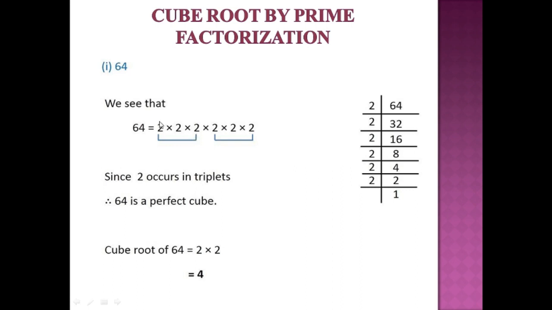You will take one 2 out of each group. Here I have taken 1 from this group and 1 from this group. When you multiply these two numbers, you will get your answer 4. That means the cube root of 64 is equal to 4.